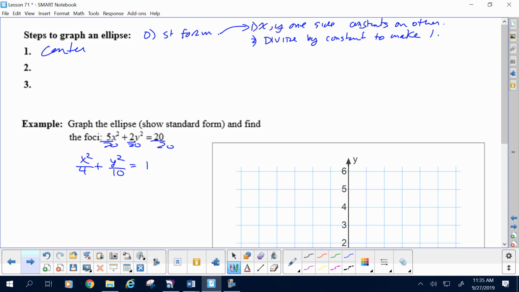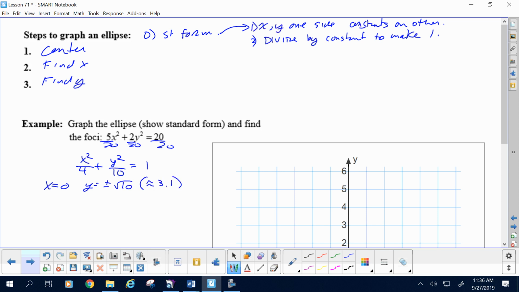Now we find the x, find the y. Again, think of it like covering. So when x is 0, the numbers here you can probably see ahead of time are not pretty, but it is what it is. When x is 0, this guy goes away, and y is plus or minus root 10, which we know is about 3 and change.